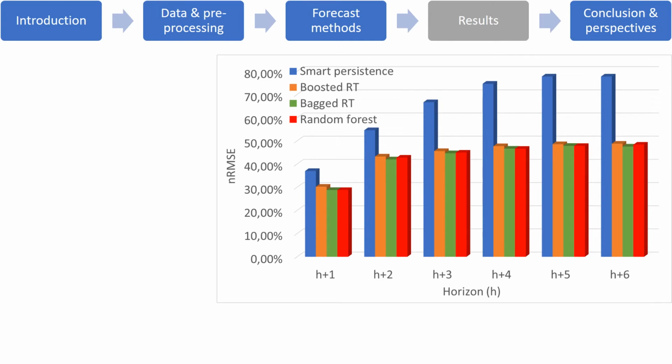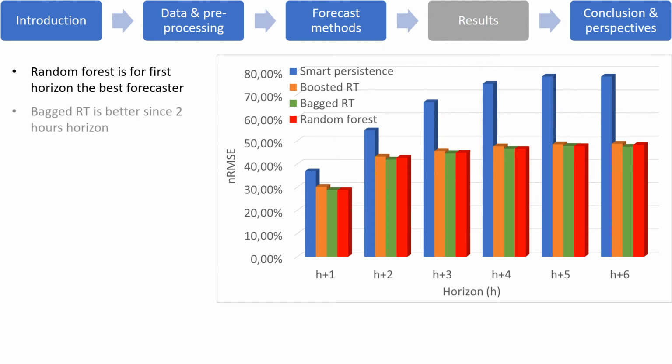Here we have another graph in order to have another view on the results. It's the normalized root mean squared error versus horizon for each model. We can see the random forest is the best forecaster for the first horizon. After, the bagged regression tree is better.